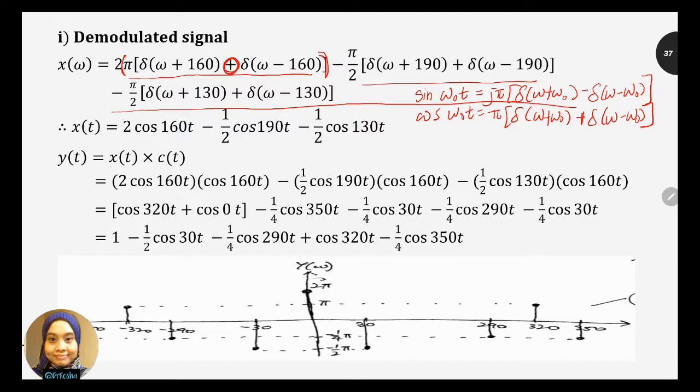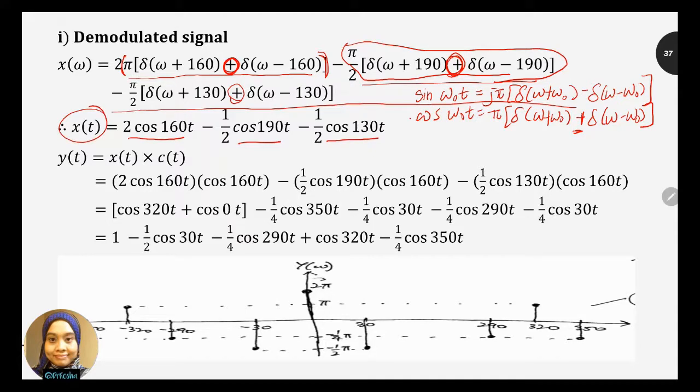So this is plus, and for this one we can use this equation to match with sine or cos, but because we have plus over here, we will use cos, and it becomes cos 190t, and this one is cos 160t. For the third component of the equation, we have omega plus 130, and we have plus over here, so we need to use cos again, and it becomes cos 130t. So now we have the x(t) over here.